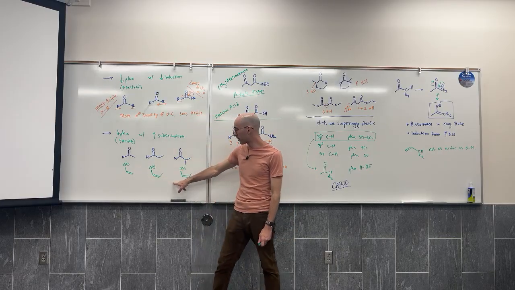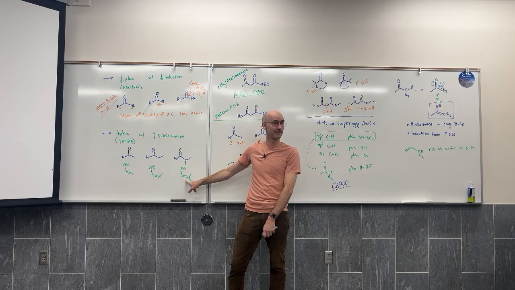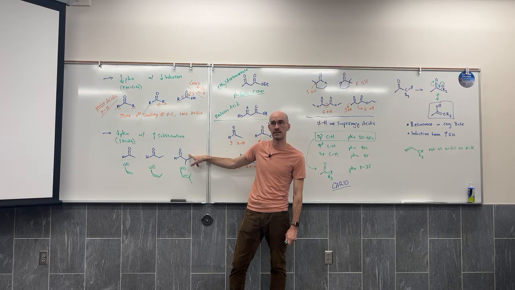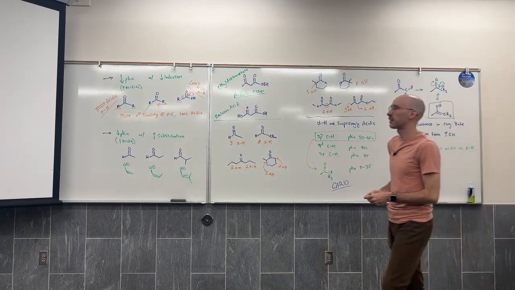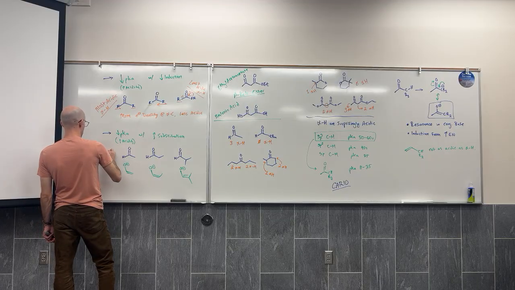And we find here that the most substituted alkene is the most acidic conjugate acid. So least acidic on the left because we have the least substituted alpha carbon. Most acidic on the right.